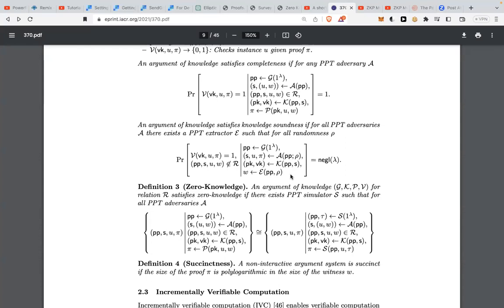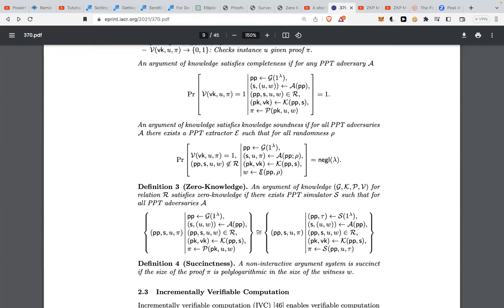Is it clear? Yeah. So it's trying to say that if we have some valid extractor, then this malicious prover will only be able to convince the verifier with some negligible probability. So it will be very hard for the adversary if there is some extractor algorithm.